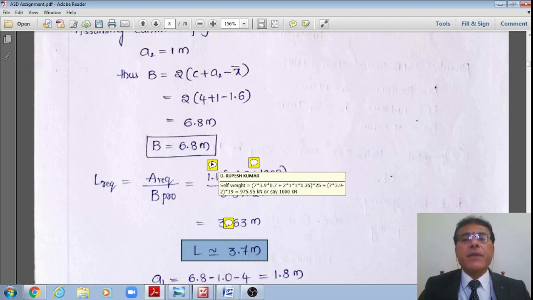With that assumption, I'll find out the self weight. The length is 6.8 plus 100 plus 100, which is 700 centimeters or 7000 mm or 7 meters, because 100 mm will be the concrete. Concrete will be there beyond the end of the beams, right? Anywhere the minimum clear cover is 100 mm as per IS 800 1984.